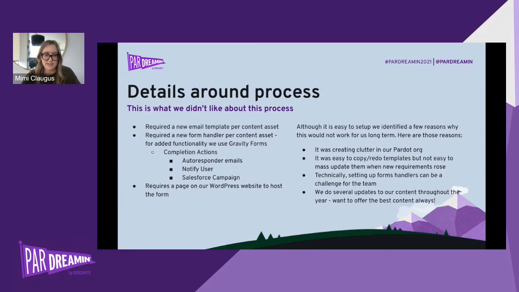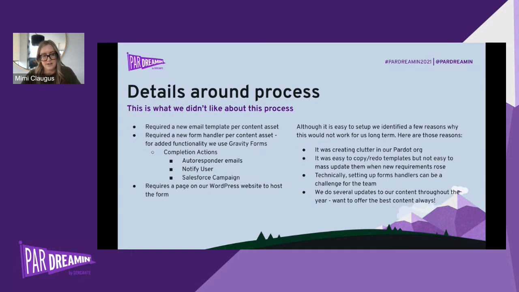So every time we were setting up a new piece of content, we were having to build a different form in Gravity Forms and a different form handler in Pardot with a variety of different completion actions like those autoresponder emails, notifying salespeople, and creating separate Salesforce campaigns for each. So it was a ton of steps that weren't easily replicated.